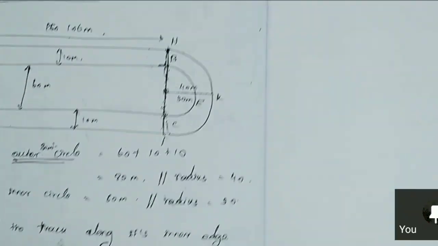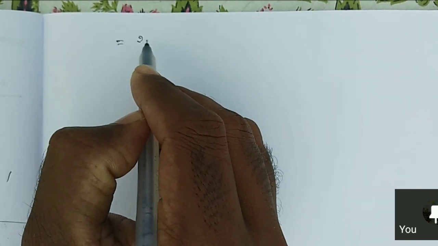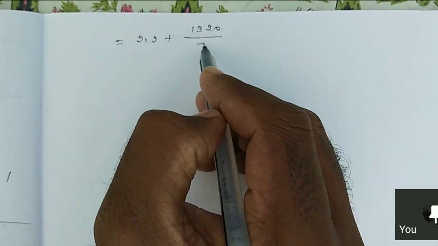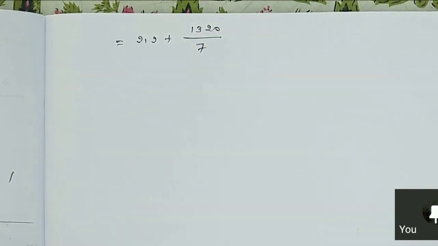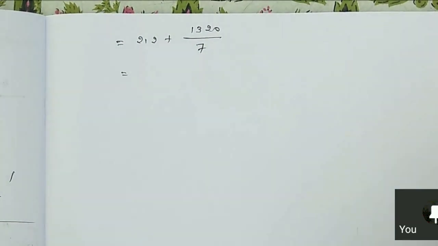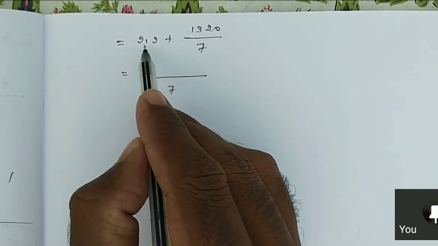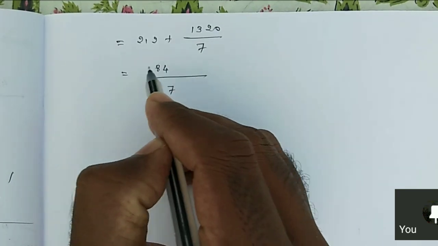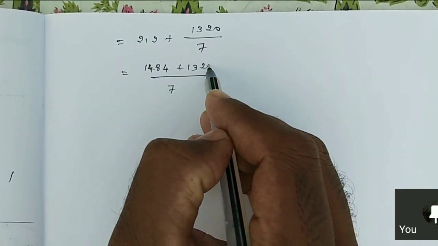Now we should write, listen. So 212 plus 1320 divided by 7, right? Clear? Any doubt? Now we should take the LCM for these two numbers. What is the LCM? That is 7. So we should multiply 7 into 212. 7 twos are 14, 4 remaining 1, 7 ones are 7 plus 1 is 8, again 14, plus 1320.